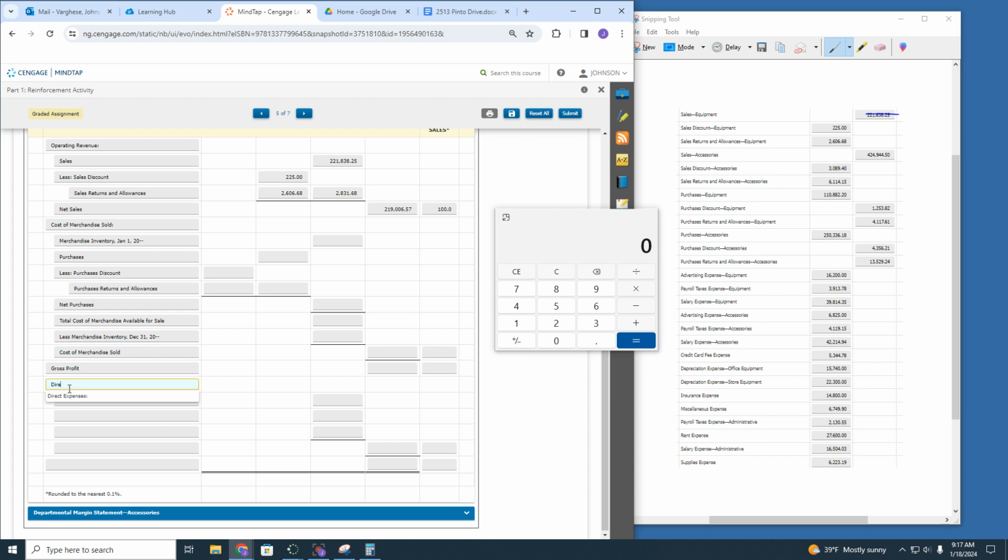And then I need to take out all of the direct expenses. So direct expenses are things that we can attribute directly to equipment. There's not a lot of stuff we can put directly towards the equipment department, but there are a few.